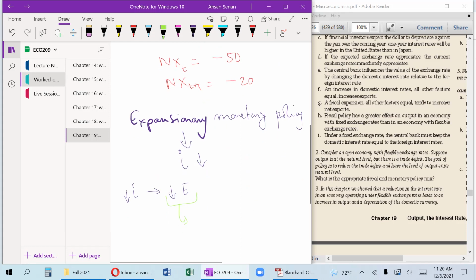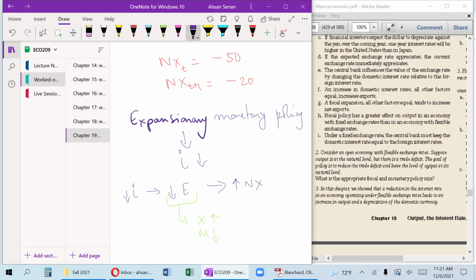If E goes down, what are the things that will happen? If our currency becomes weaker, that means that we are going to be exporting more and importing less, right? So immediately, because E has gone down, we are going to see a situation where NX is improving.